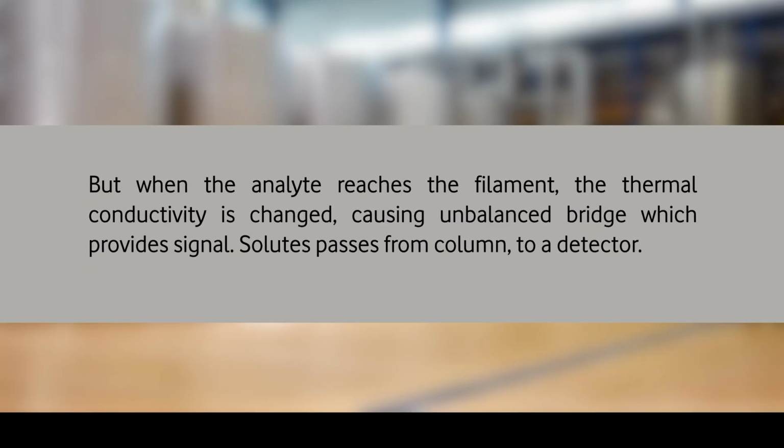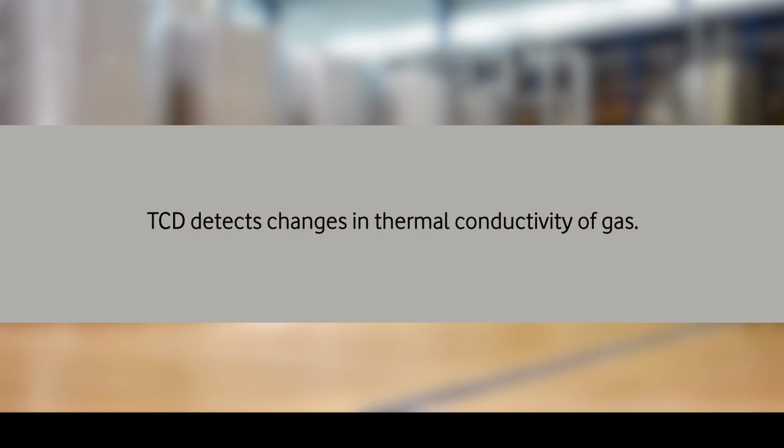As long as only the mobile phase is going, it is balanced. The moment the analyte reaches the filament from the column, the thermal conductivity changes, because there is a difference in thermal conductivity between the mobile phase and the product. That change is recorded by the detector. So TCD detects changes in the thermal conductivity of the gas.